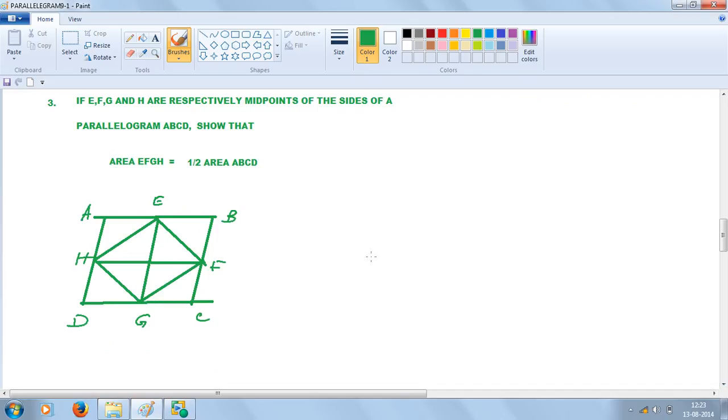So ABCD is a parallelogram as shown in the diagram. If E, F, G, H are respectively the midpoints of AB, BC, CD and DA, show that area of EFGH is equal to half of area of ABCD.